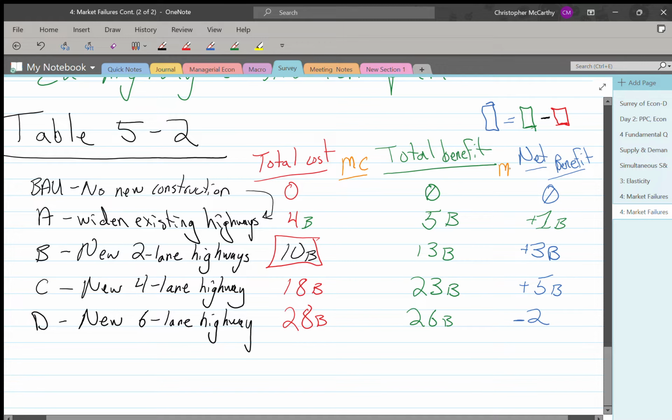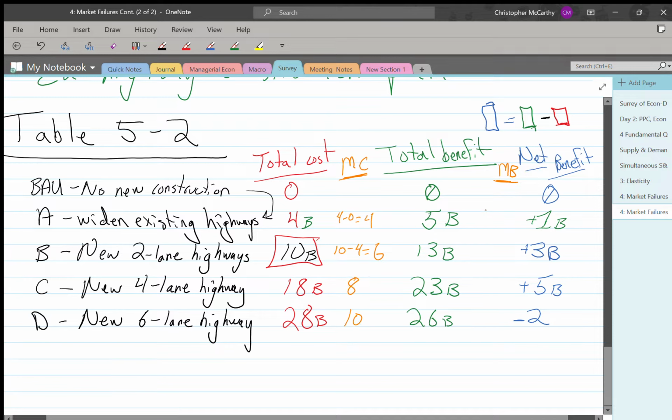But if we wanted to use our economics, which of course we do, we'd want to figure out the margin, right? The marginal cost and the marginal benefit. So the marginal cost of the first one is just 4 minus 0. It's equal to 4. Marginal cost of plan B is 10 minus 4, equal to 6. Marginal cost of C is 8. Marginal cost of D is 10.